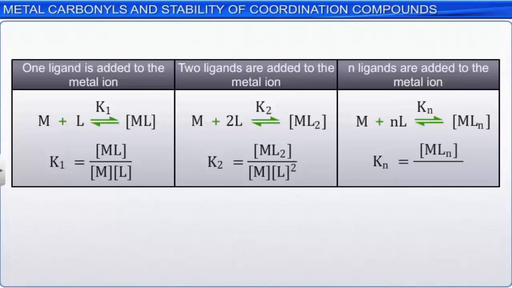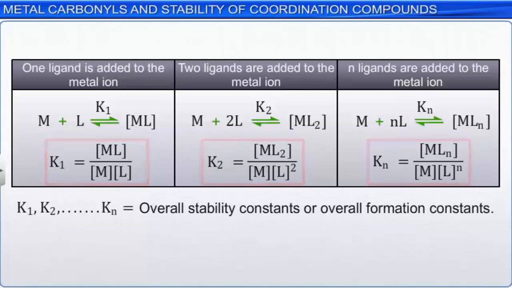The stability constants K1, K2, and Kn are known as overall stability constants or overall formation constants. The stepwise and overall stability constants are, therefore, related as beta n is equal to the product of K1, K2, K3, and so on up to Kn.